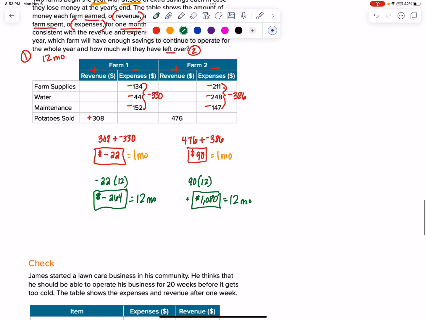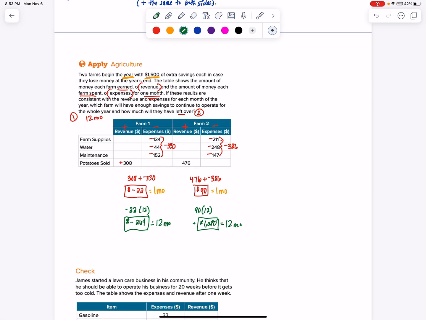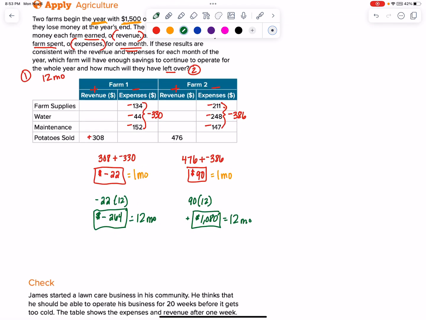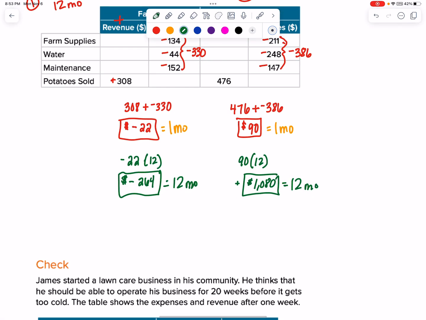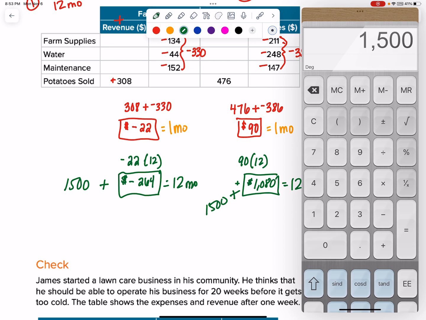So let's go ahead and see where we're at now. Okay, so we have $1,500 of extra savings. So let's go ahead and do our 1,500 plus that negative, and our 1,500 plus that positive, and let's see where we're at now. Minus 264.